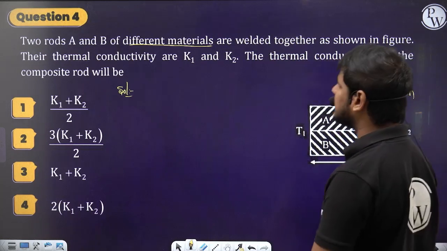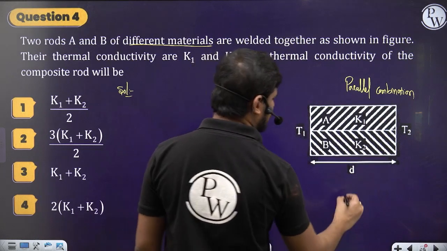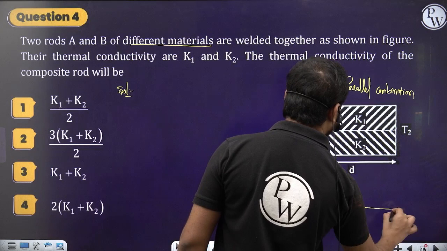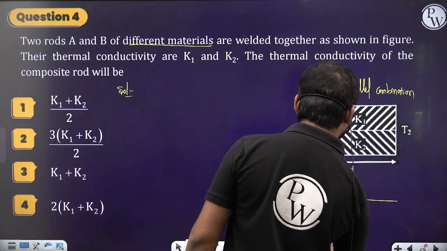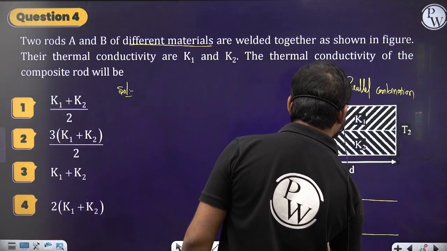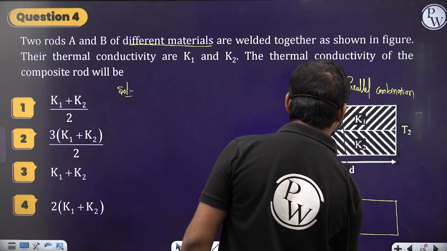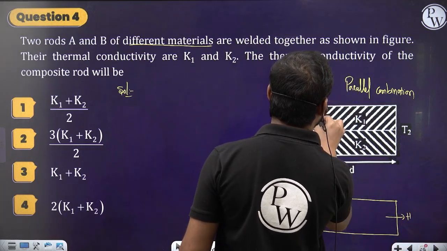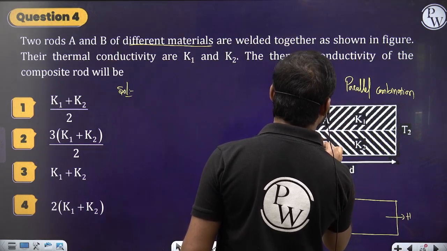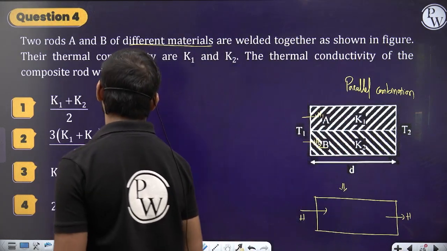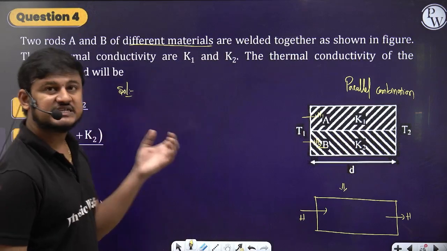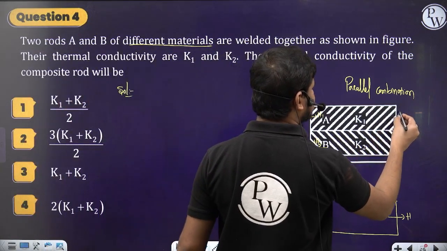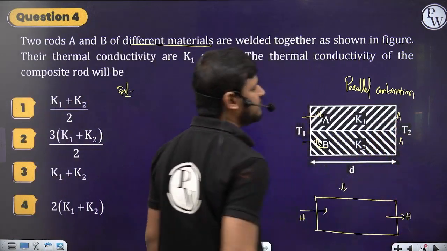So the question asks for the thermal conductivity of the composite rod. Here they did not talk about anything about the area, right? Here the heat current H comes, which divides into H1 here and the heat current H2 here. For the K equivalent, they did not talk about the area, so if they did not mention it, consider the area is the same for both.